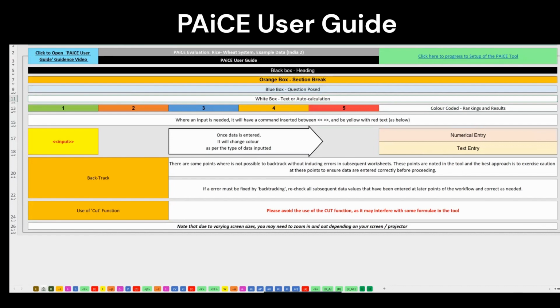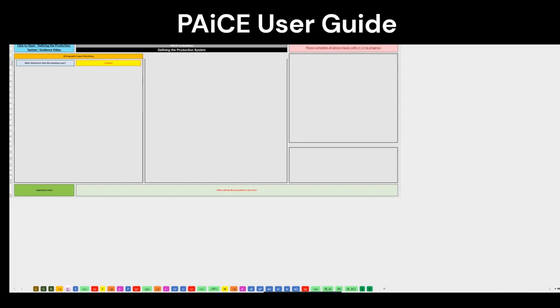One of the most important aspects as facilitators when you're guiding groups through this tool is what we see in a yellow box with red text with these parentheses. As an example, what we have here is an empty sheet that's just starting.